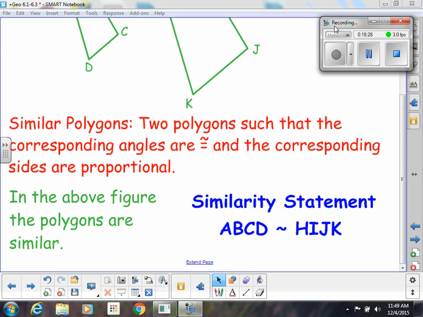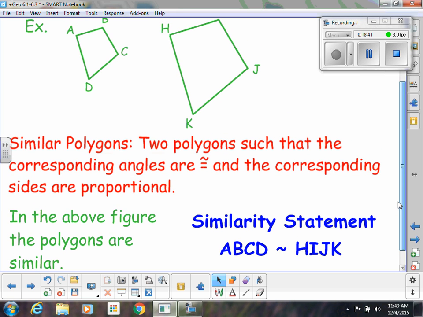What do I mean by proportional? It means that if I make proportions out of those sides, then all of them will be equal. If you need to pause to do that, then pause it and write it down. I'm going to move on.